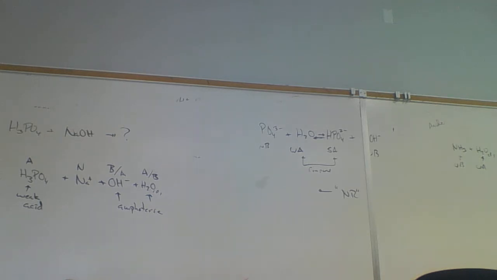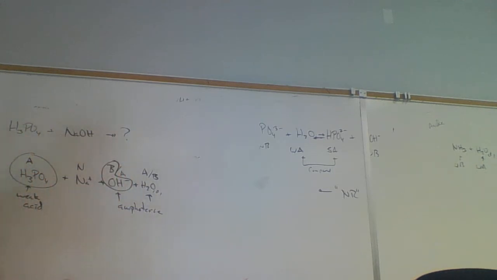But it doesn't matter because all we do is look for the strongest acid. How many acids do we have present? Well, 1, 2, 3 acids present. Out of these 3, which one's the strongest? Phosphoric. And out of the 2 bases that are present, which base is strongest? Hydroxide.